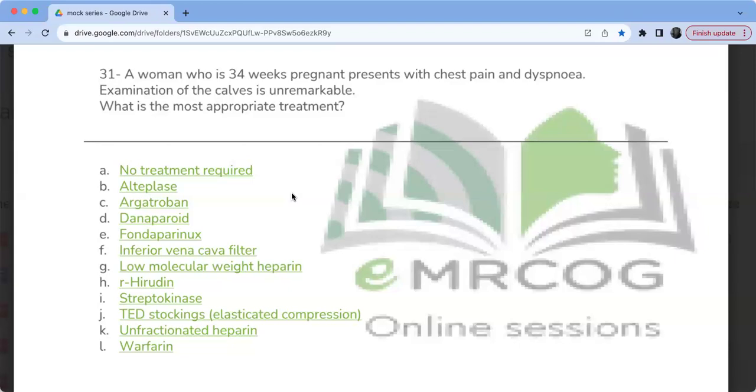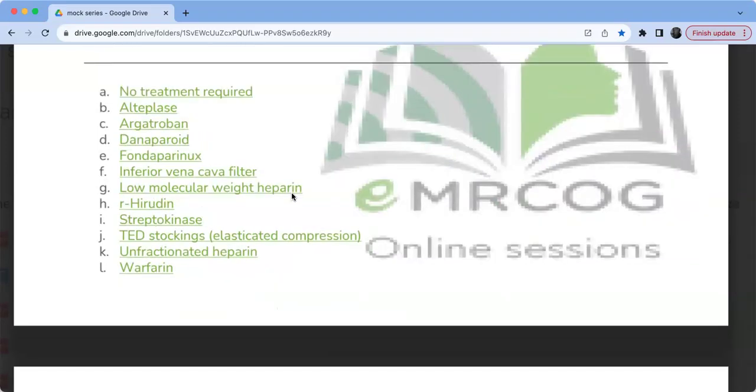Examination of the legs is unremarkable. So she has symptoms of pulmonary embolism without DVT, right? What is the most appropriate treatment? Low molecular weight heparin, yes, well done.